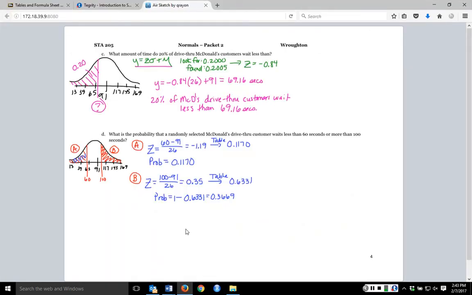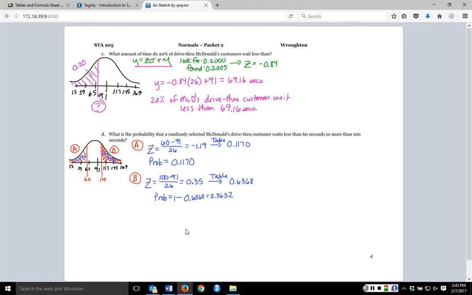Let me change that. So just a little off here. Got off a column there. That part should have been 0.3632. Alright, so that would be part B piece over here.